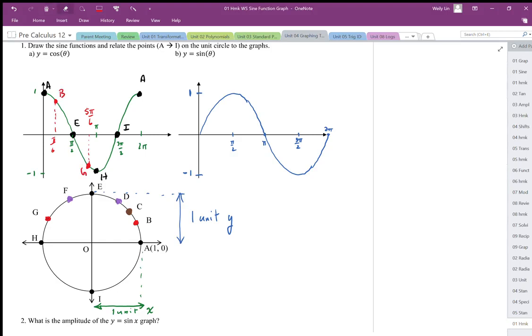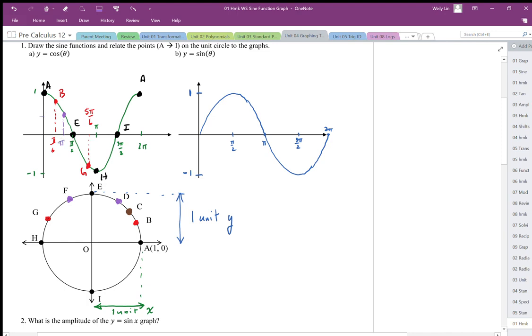And then I should put in my C coordinate. Well, actually, I'll do D first. The purple coordinates, D and F, are going to be at pi over 3, so it's going to be right about here. In fact, it's going to be exactly halfway along the y-axis.